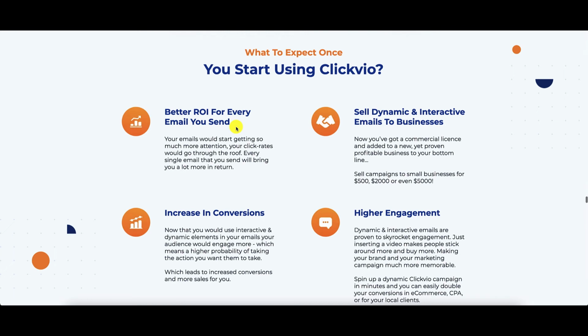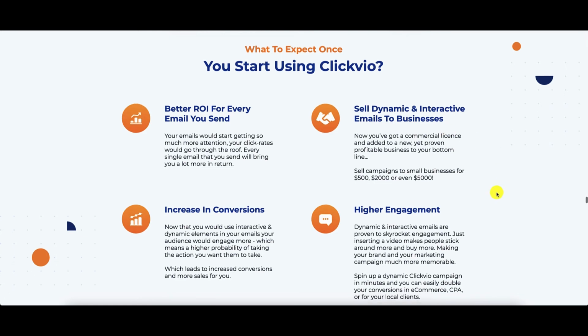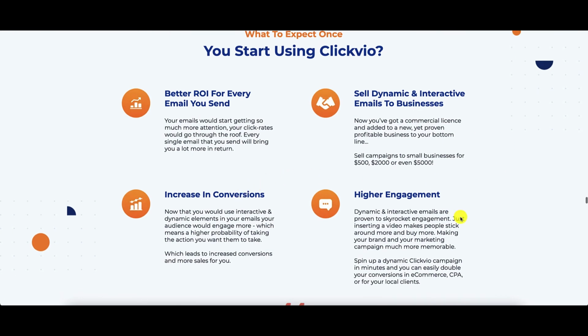And your click-through rates go through the roof as well. And you can sell dynamic and interactive emails to other businesses because you get a commercial license with this. And you get increase in conversions and higher engagement because of all the other elements that you can insert into your email, which your current autoresponder does not give you the ability to do.